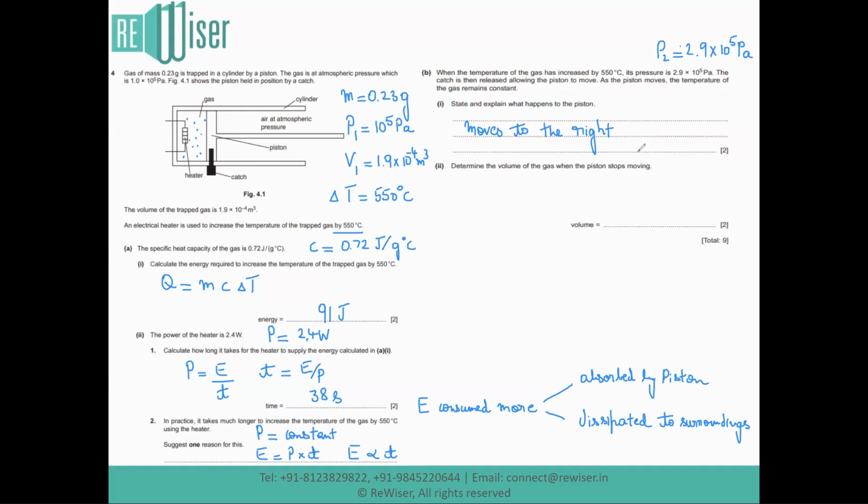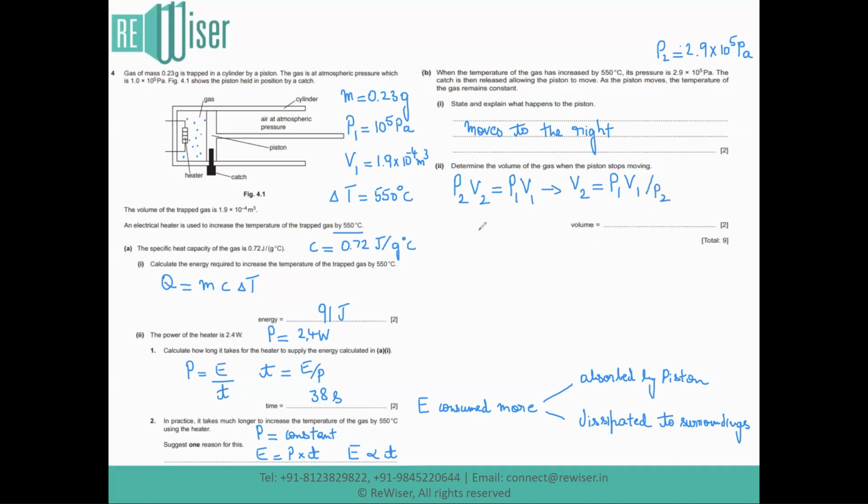So we know that pressure P into volume V is a constant, or another way of writing this is pressure P2 into volume V2 is equal to pressure P1 into volume V1. Since we need to find V2, we make V2 the subject of the equation as V2 is equal to P1 into V1 divided by P2.